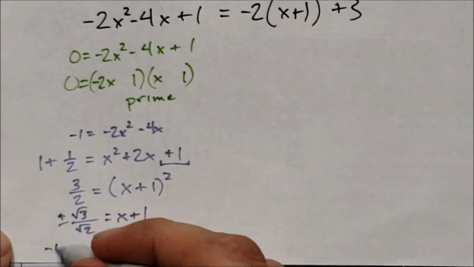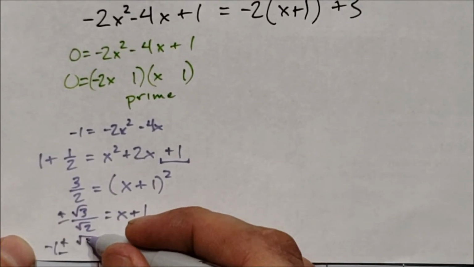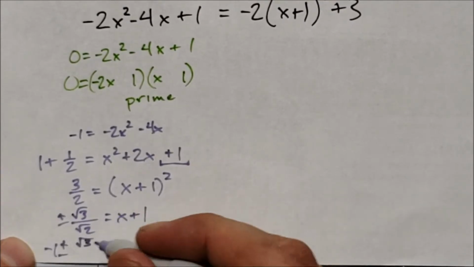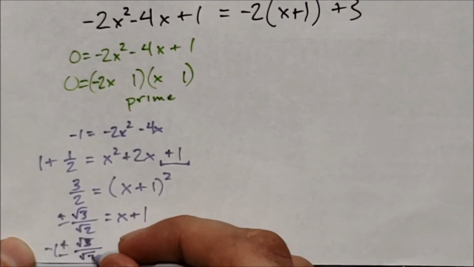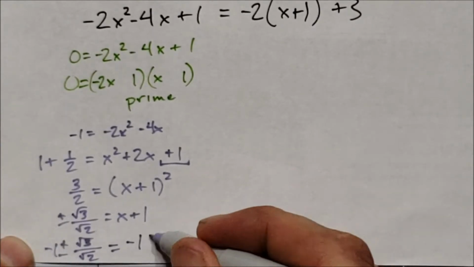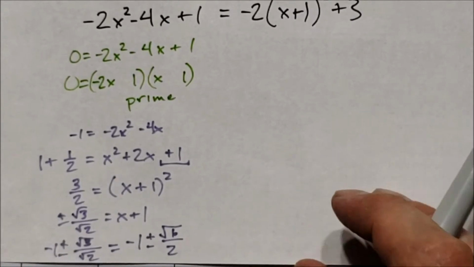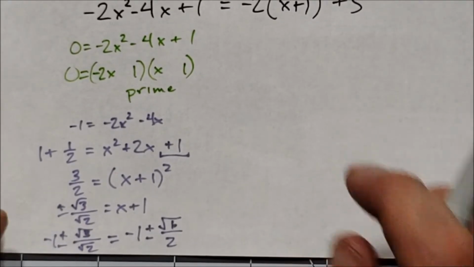Subtract 1 from both sides, you have negative 1 plus or minus square root of 3 over square root of 2, which if you rationalize the denominator, you'll have negative 1 plus or minus the square root of 6 over 2. Well, hang on to that for a minute.